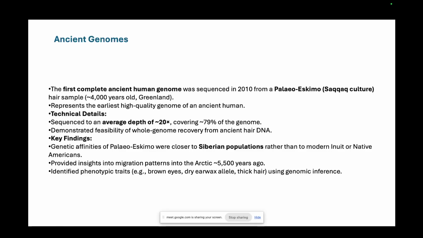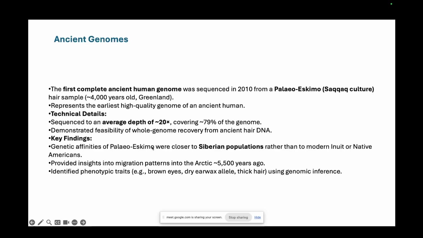So the thing is, for many ancient individuals, even if you find the remains, the DNA is not usable, or the DNA has been destroyed or something like that. So it's very hard to find high quality genomes of ancient individuals, but this was one that was found in 2010 and sequenced at around 20x coverage, covering about 79%.